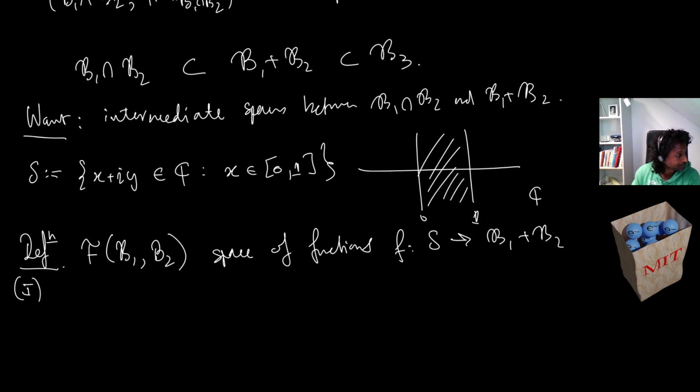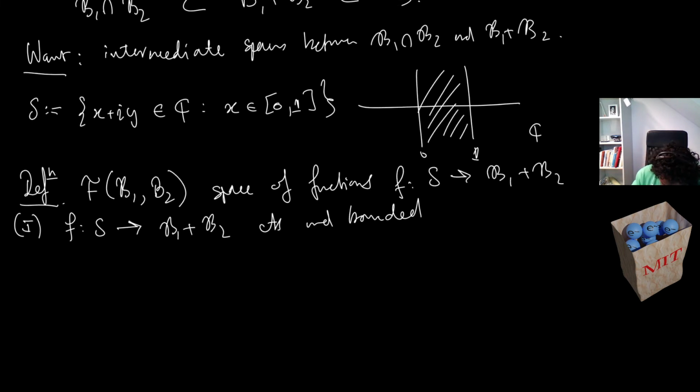First, f on all of S into B1 plus B2 is continuous and bounded, in the norm B1 plus B2. Whenever I'm writing the space here, I mean with respect to the norm that I've written on the space. Second, if I restrict this to the interior, a map from the interior into B1 plus B2, I want this to be holomorphic.